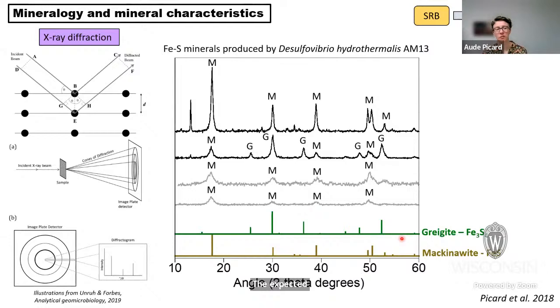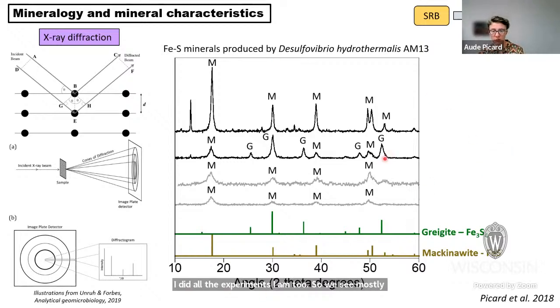In none of these cultures did we see pyrite, and I think the reason is that pyrite often is produced when we start with a source of iron that occurs as iron 3. In this case, I did all the experiments with iron 2, so we see mostly these two minerals.